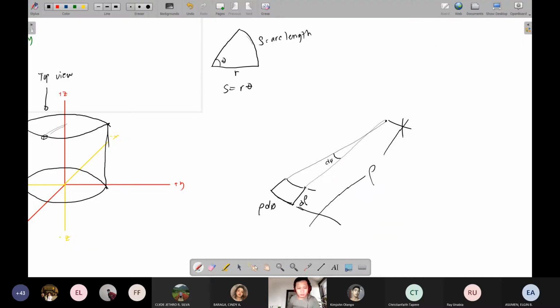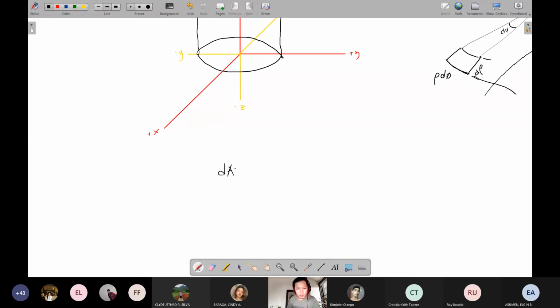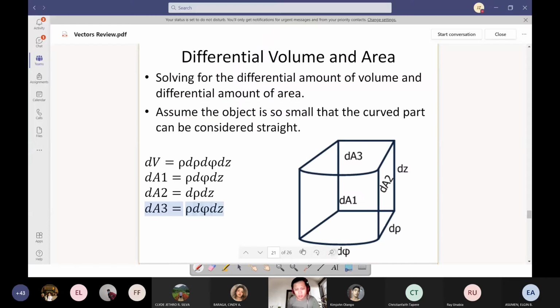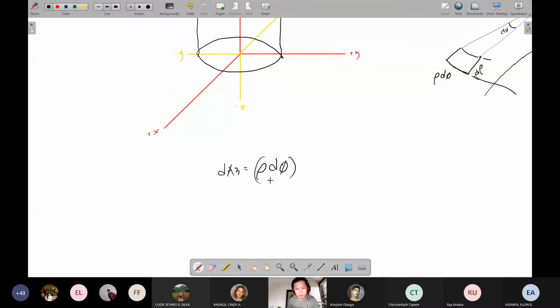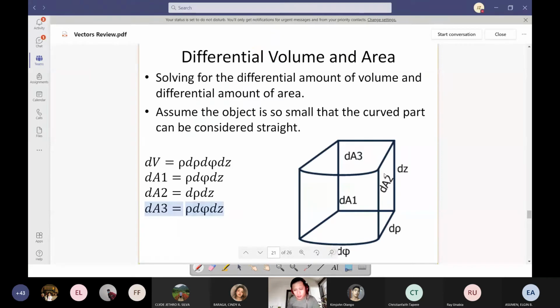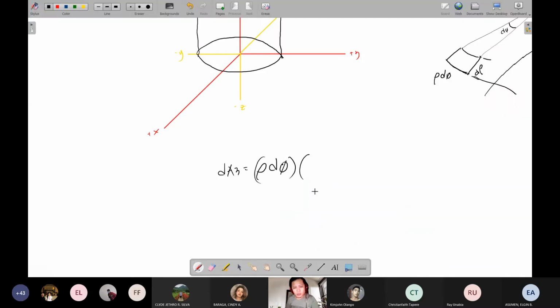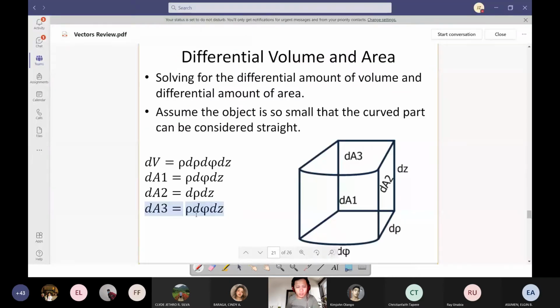Differential area 3 has the dimensions rho d phi and d rho, so times d rho. Therefore, differential area 3 will be rho d phi d rho. Don't get it mixed up, it is similar to differential areas 1 and 2.